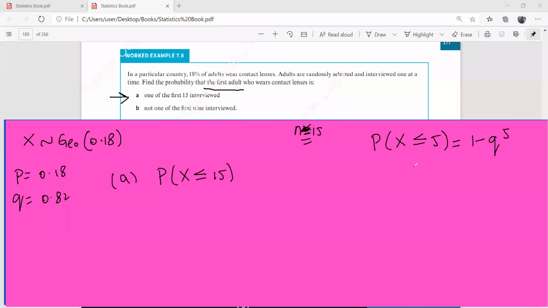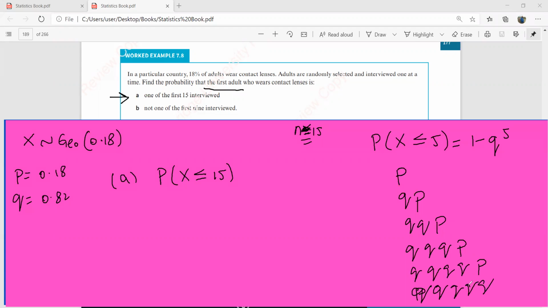Yes or no? Look at how this would happen. You can pass your exam in the first attempt. You can pass in the second attempt. You can pass in the third attempt. You can pass in the fourth attempt. You can pass in the fifth attempt. And if it's a student like us, he will not be passing at all.